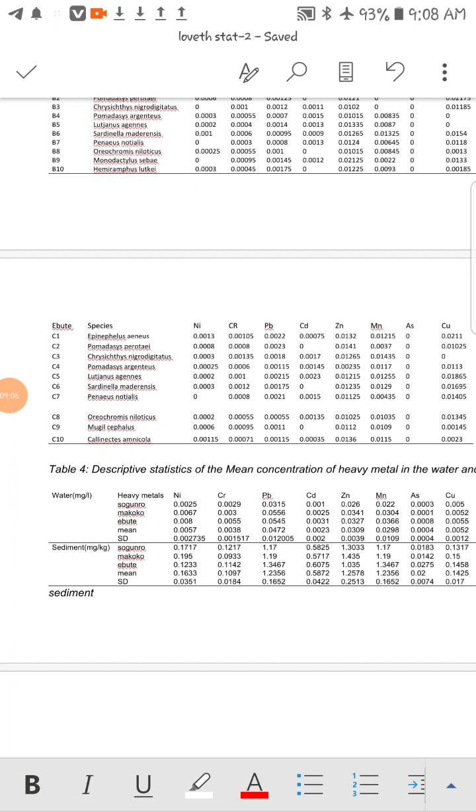So we are looking at the concentration of Nickel across the three locations, which I use to divide the amount bioaccumulated in the organisms.